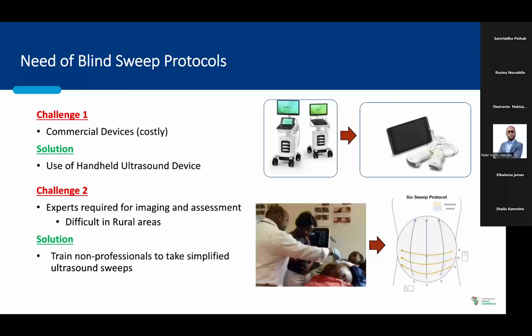So you could teach the blind sweep protocols even to non-professionals easily, and you could find anomalies or do fetal assessment from blind sweep data over a teleradiology setup, as well as by using AIs.